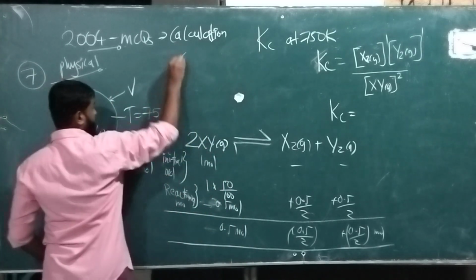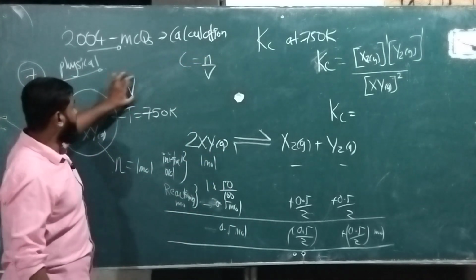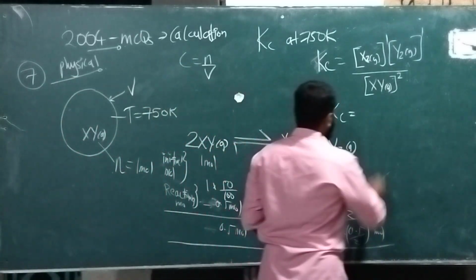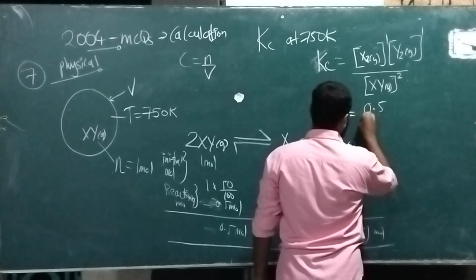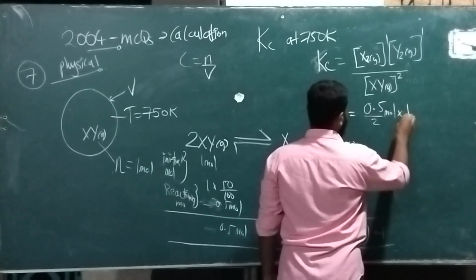So you have to use concentration here. You know concentration is equal to moles over volume. I'll keep the volume here as V. So what is my volume here? 0.5 over 2 moles into 1 over V. Why?